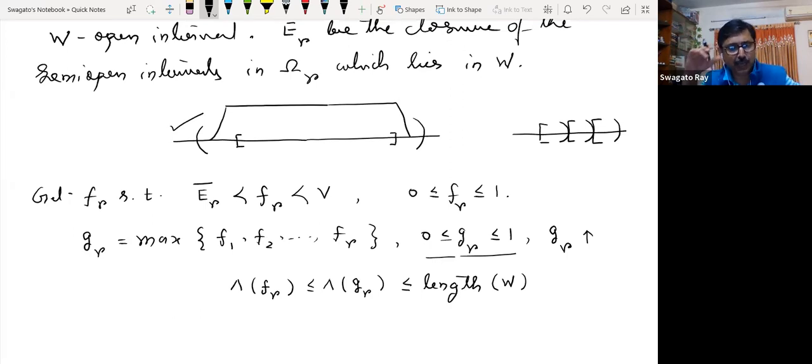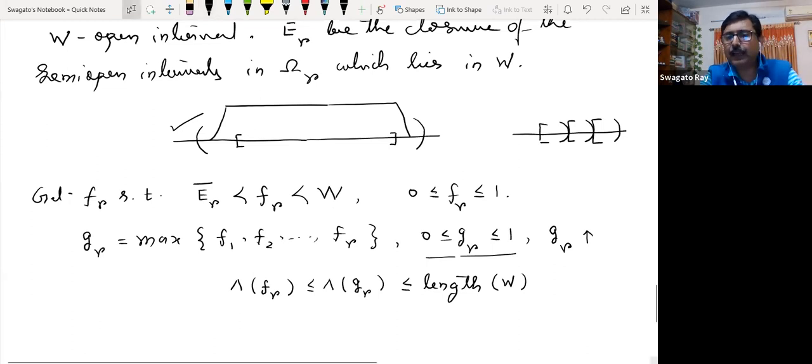Now, this GR is supported inside my, I said V, but I should actually write W. Maybe that's why you are confused. All those subintervals using which you are defining lambda n GR are all sitting inside W. And on that subinterval, the value of GR is at most 1, so it contributes simply the length of that interval.